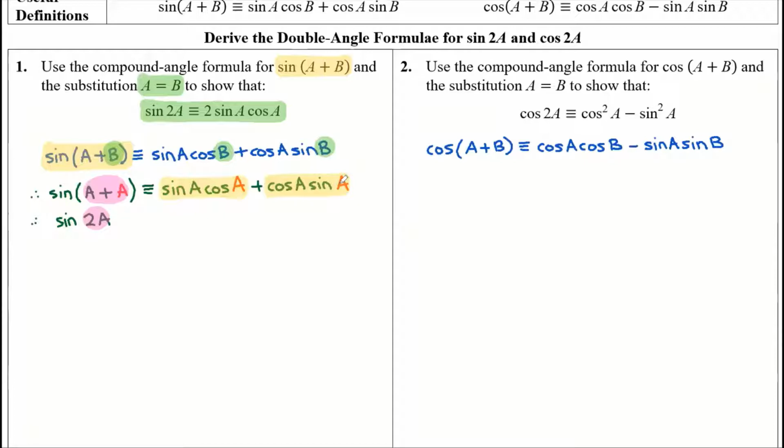So we've finished essentially. Just collect them together. So this is just going to be identical to 2 lots of sine A cos A. If you treat the sine A cos A as an object like x, if you have x plus x, you've got 2x. So in this instance, we've got 2 lots of sine A and cos A as a product. So there we go. So we seem to have shown that.